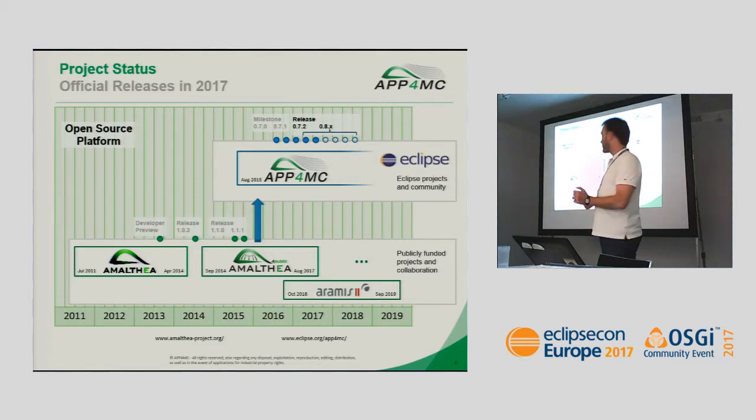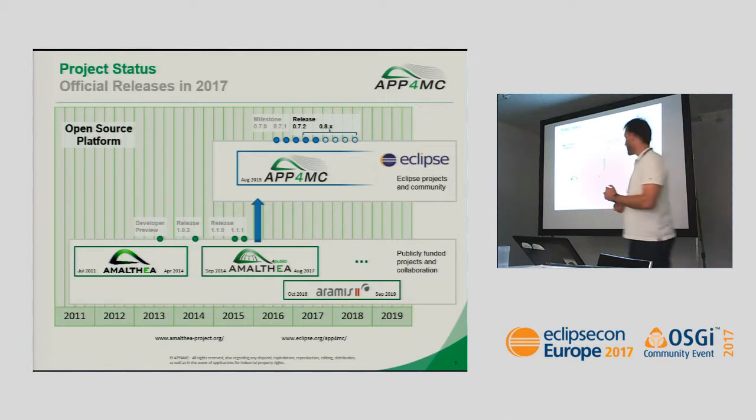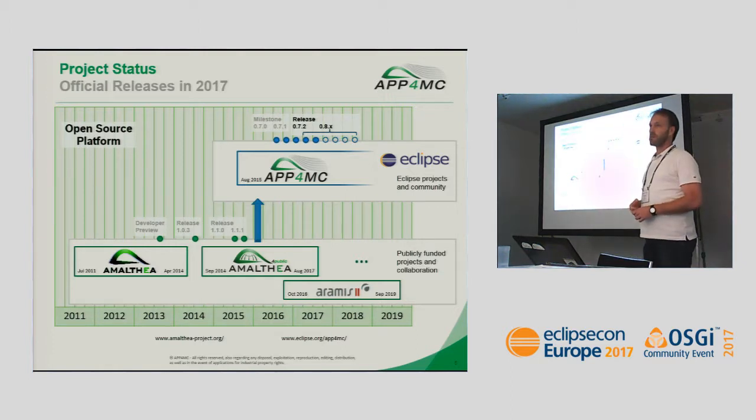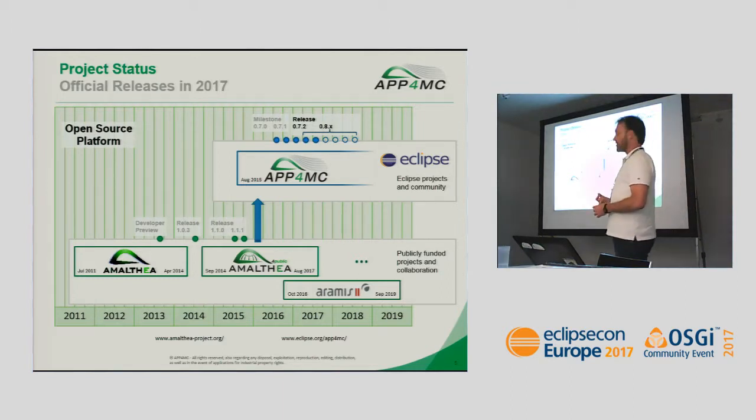One of the goals of the second project was to really establish an open environment with more participants and more visibility. So we started this project APP4MC as a real Eclipse project, and we still have some other publicly funded projects that help us to also bring this to another context, to new partners and so on.